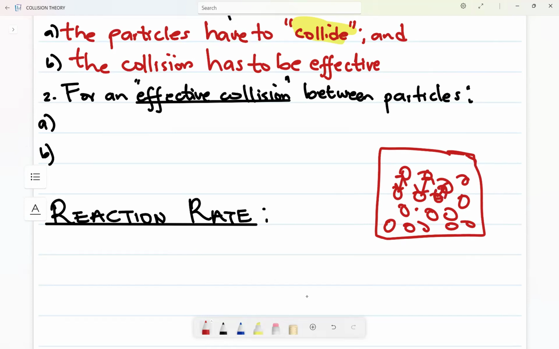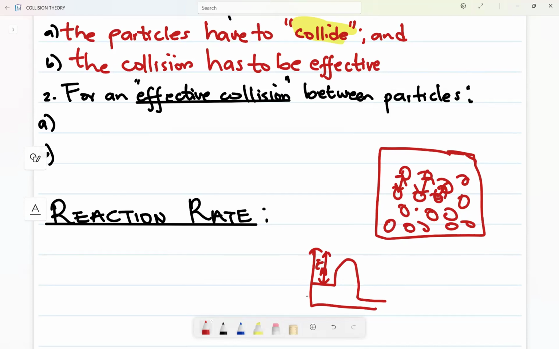Now remember, in the video I recorded on energy and chemical change, we talked about the minimum energy, which is our activation energy.